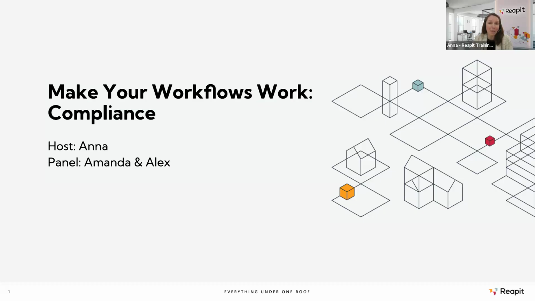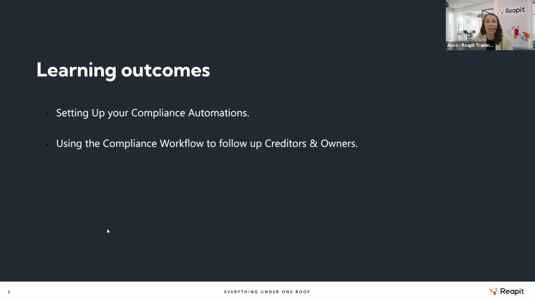Maybe the PM has been asked to report on multiple compliance items across their portfolio, but the records are scattered and incomplete. In today's session, we will be speaking all about Reapit PM compliance workflow and how using the Reapit PM compliance workflow can actually help you working through all of those scenarios.